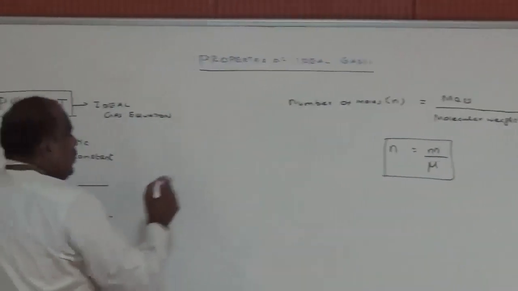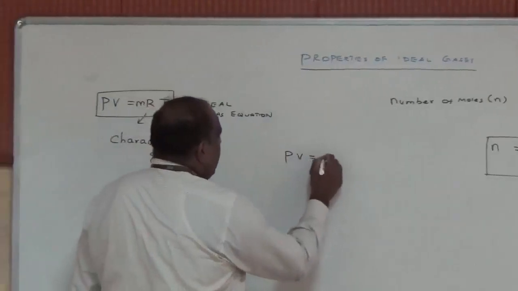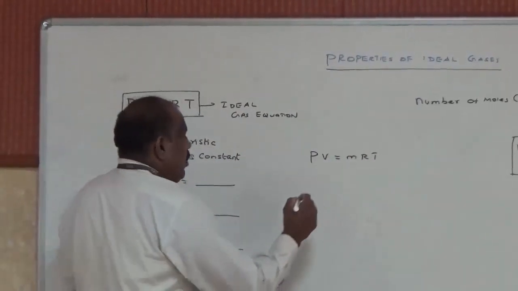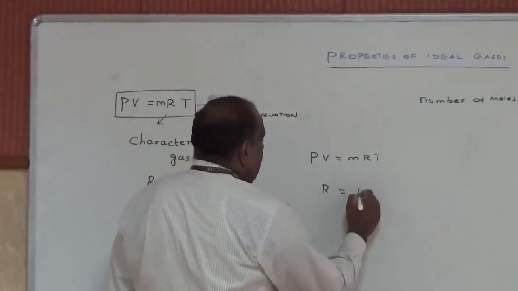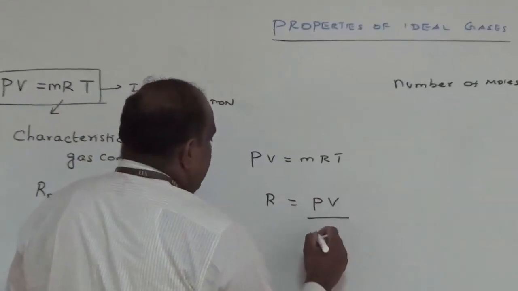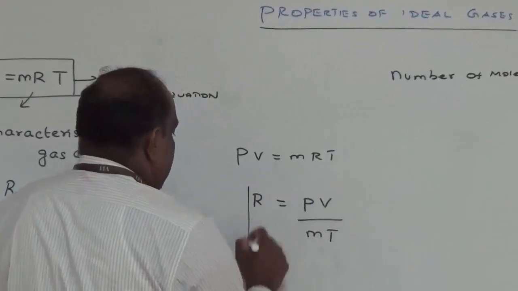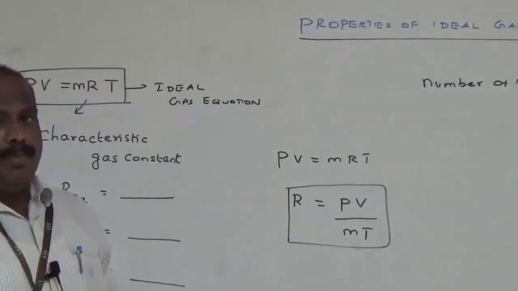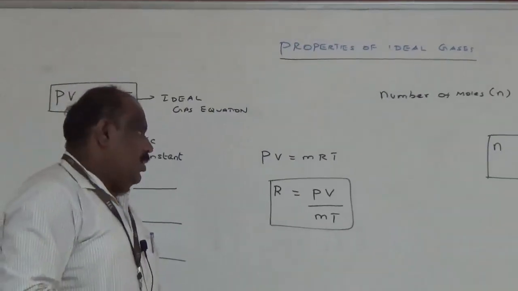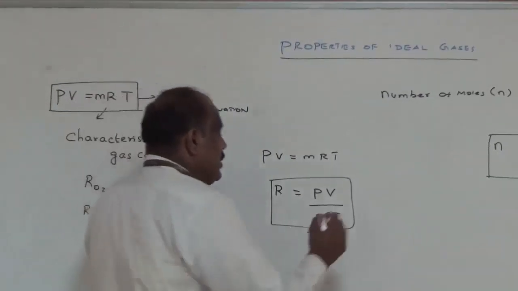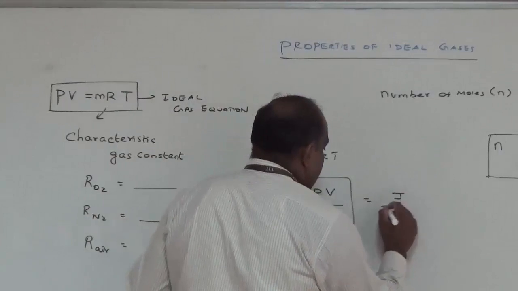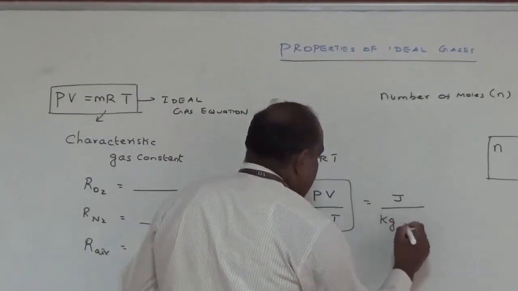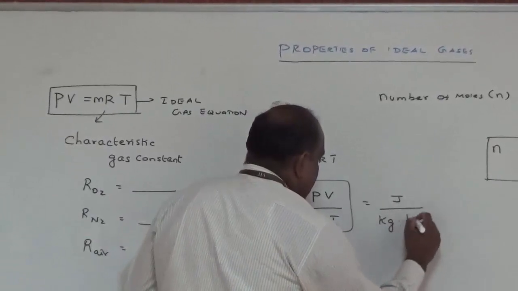Let us come to this ideal gas equation, PV equal to mRT. I want to find the unit of R, so keep R on one side. I will end up with PV by mT. So PV is nothing but the product of pressure and volume, and the unit of energy will be joules, m is mass in kilogram, and T is in Kelvin.